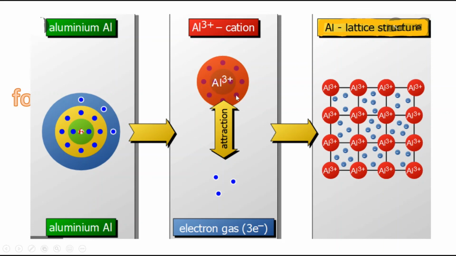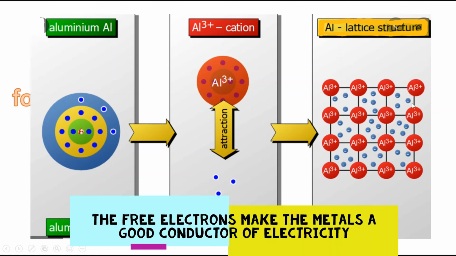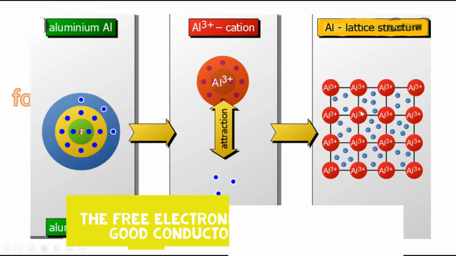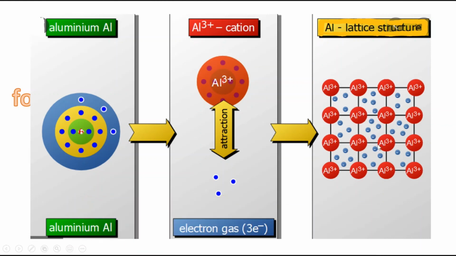So it wants to get the electronic configuration of neon, and hence these 3 electrons are free electrons. Whenever all the aluminium atoms are combined in a metal sheet, imagine a metal sheet of aluminium, the free electrons are in between the aluminium ions. Due to these free electrons, metals are very good conductors of electricity.